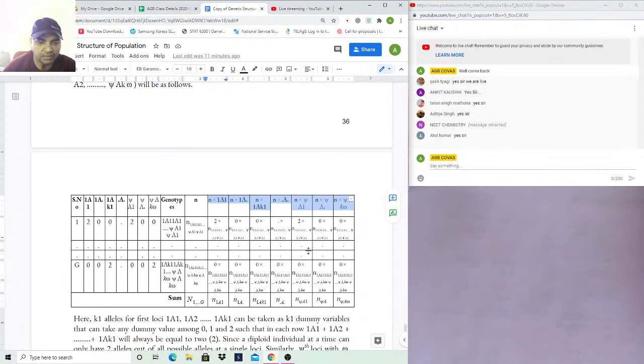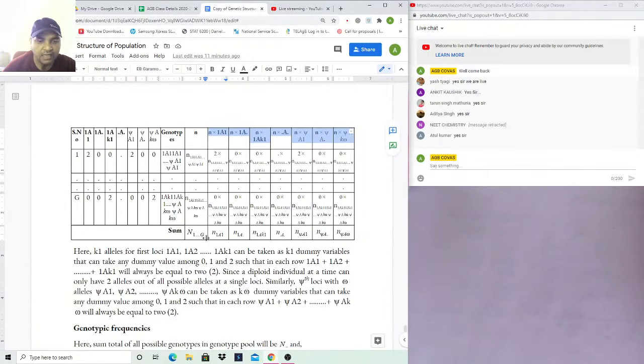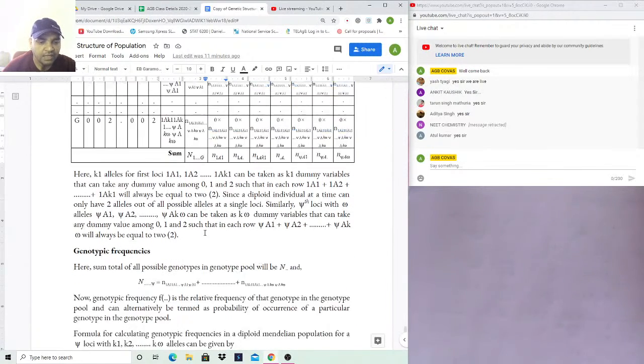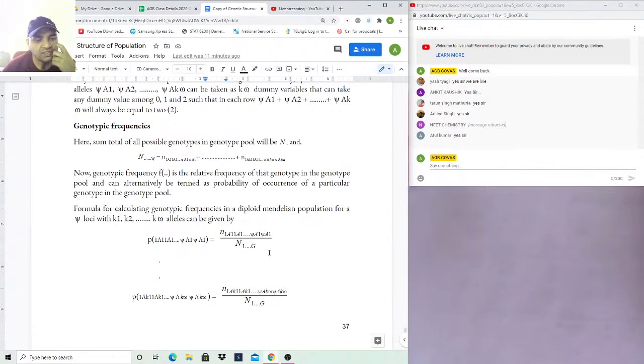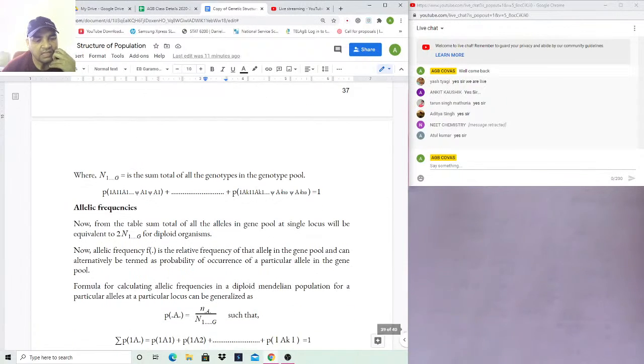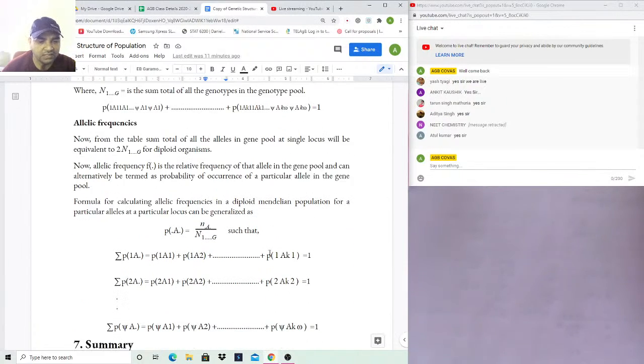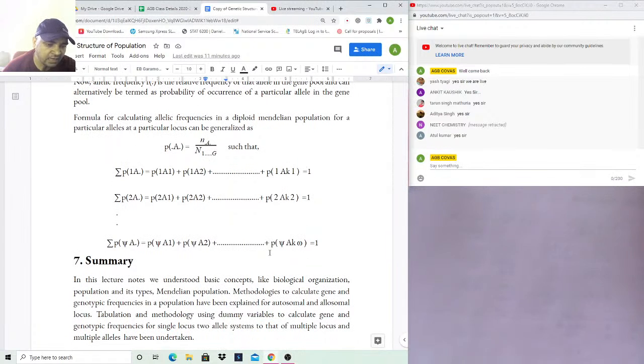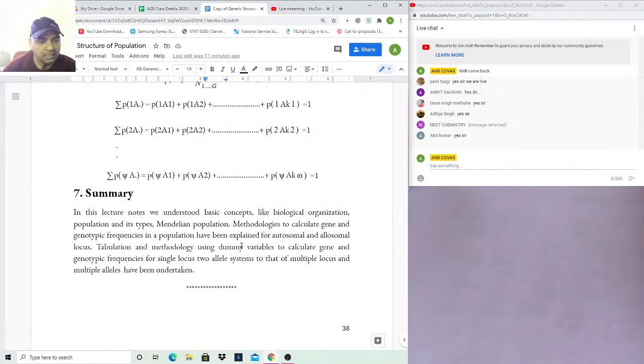That again depends upon how many individuals you have, and again you have to tabulate them, and accordingly by using these formulas you can calculate the allelic and genotypic frequencies for any number of genes with any number of alleles in a population. So in summary, in this lecture note, we understood the basic concepts like biological organization, population and its types, Mendelian population.